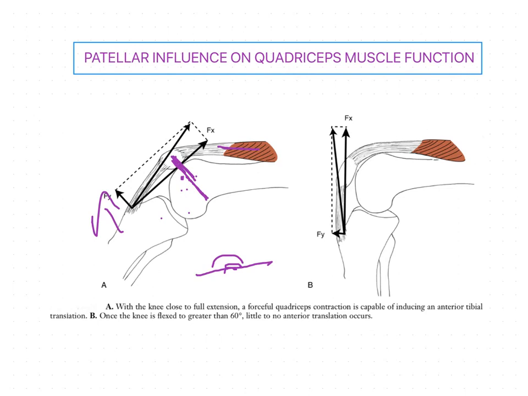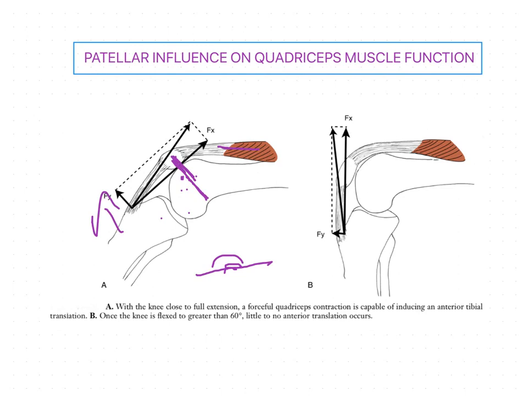That means at this stage it requires some force which should resist this anterior translation imposed by the quadriceps.